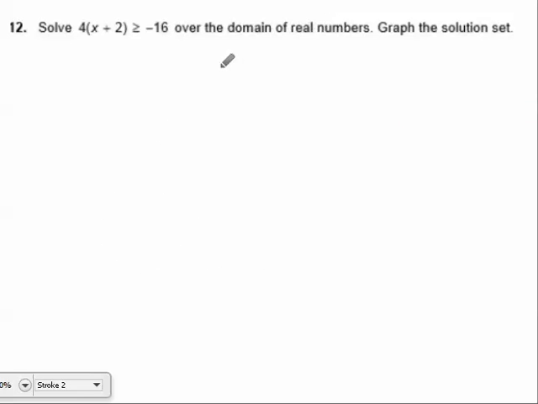Okay? This one says solve this over the domain of real numbers. Well, it's an inequality. So to find it, what we have to do is solve it for x. I'm going to divide by 4, and I'm going to get x plus 2 is greater than or equal to negative 4. I'm going to subtract 2 from both sides.